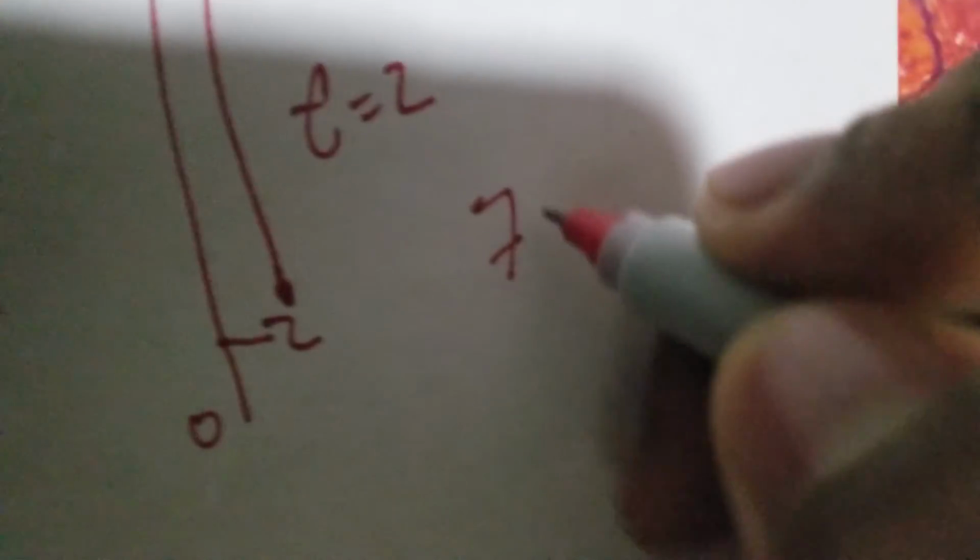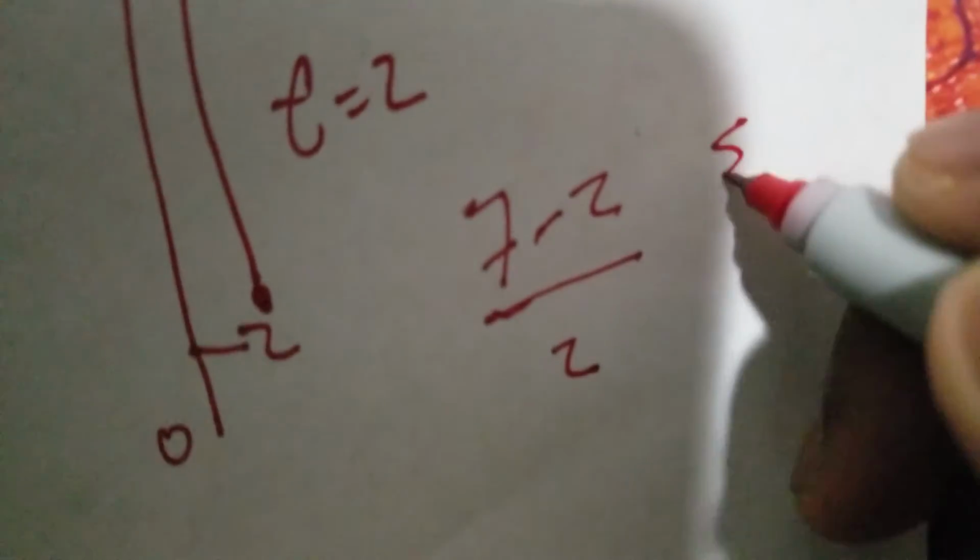Although this was not on one of our questions in the book, let's just look at one example where the displacement is positive. Let's say we start off at 2, and we end up at 7, and our time is 2. Our final position is 7, our original position is 2, and our time is 2.